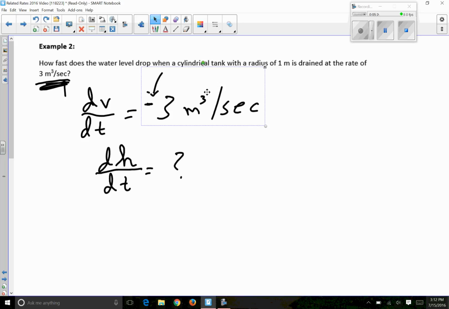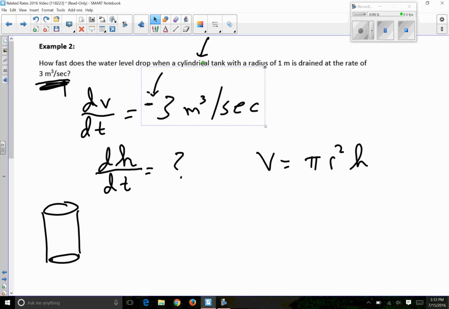The volume of a cylinder is pi r squared times h. In this cylinder, with a radius of 1 meter, the volume of water, no matter where the water is, no matter what level the water is, the radius of the water is going to be 1.